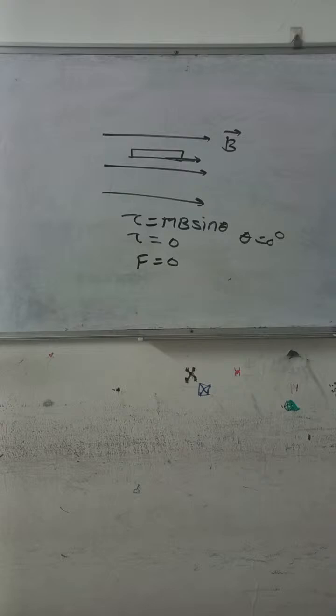Okay, so write down one question based on assertion and reason. Assertion: the poles of a bar magnet cannot be separated. Reason: magnetic monopoles do not exist.